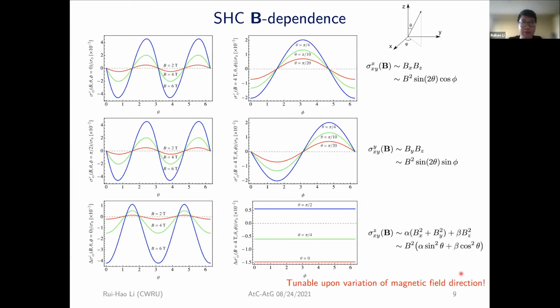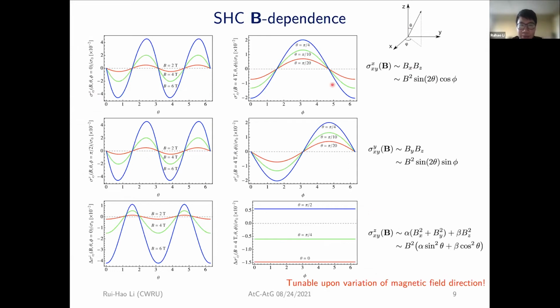So here's the result of the spin Hall conductivity B dependence. In the first column, these three graphs show the spin Hall conductivities with the spin polarization in X, Y, and Z directions as a function of the polar angle in spherical coordinates, as shown in the schematic here. The three different curves correspond to different magnetic field strengths, 2, 4, and 6 Teslas.